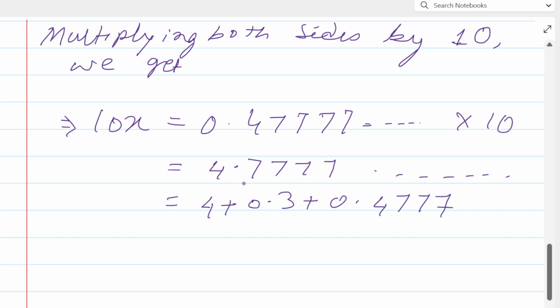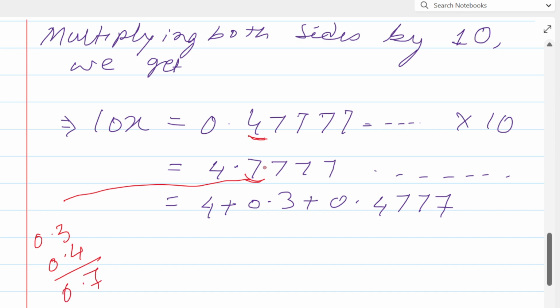Let me show you these two parts. I bring the 4, and this 7 I split. Instead of this 0.7, I have written 0.3 and 0.4. This is 0.7 only.